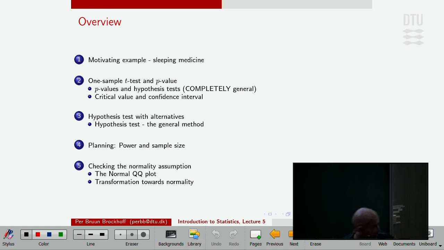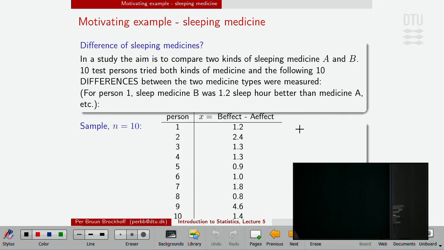You can give the confidence intervals to someone else and not make any decisions. But hey, someone is going to make the decisions. Should I use this or should I not use it? Should I recommend this or should I not? Should I go forward with this in Novo Nordisk or should I not? So we need a tool to support decision making. And that's the hypothesis test.